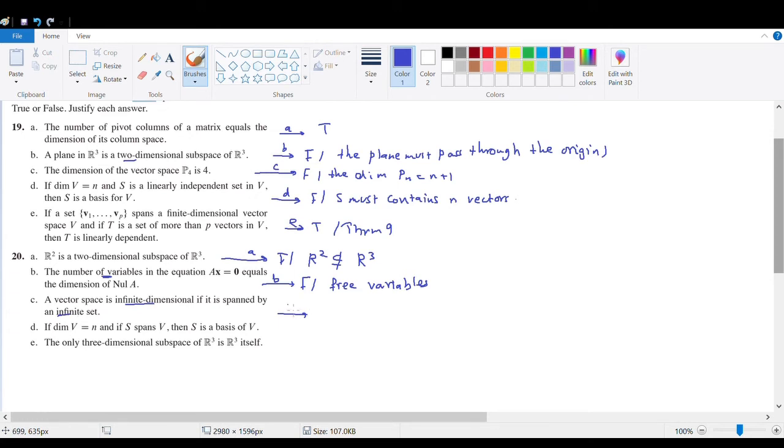This one is false, because the basis could have finitely many elements, which would make the vector space finite dimensional.